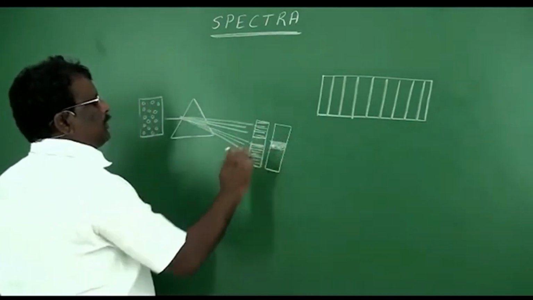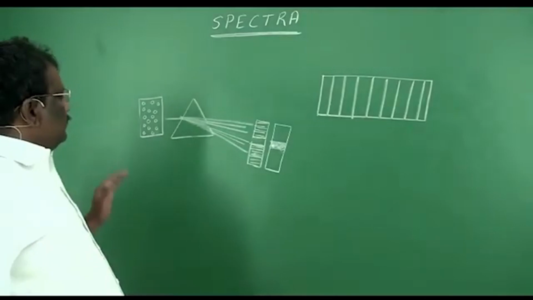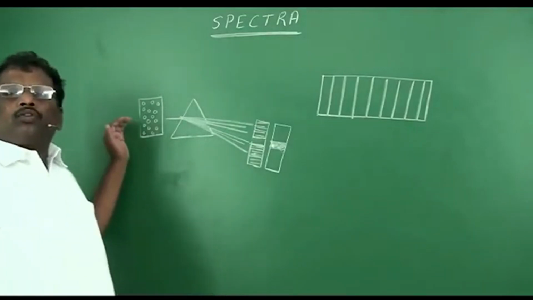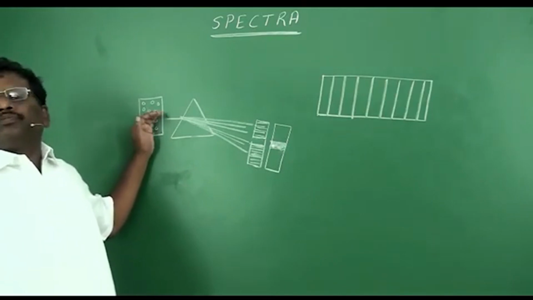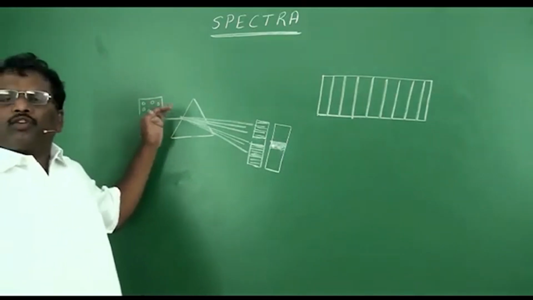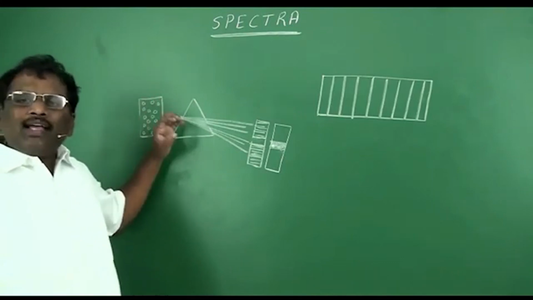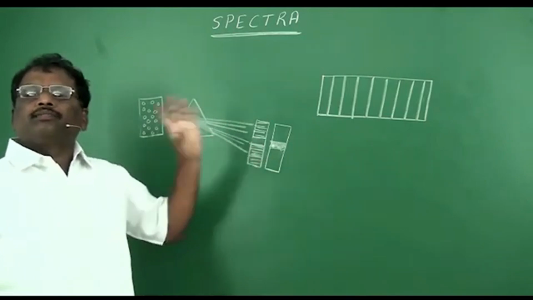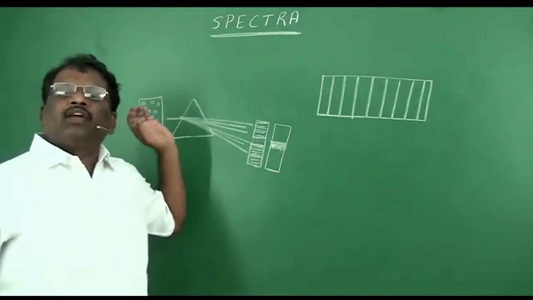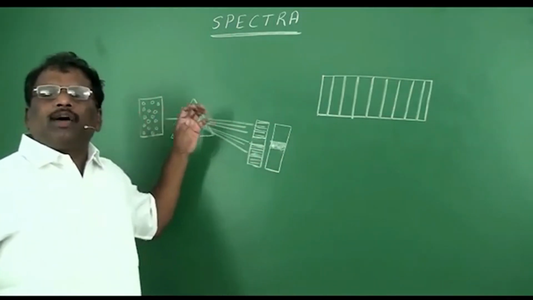So here, when white light is allowed to pass through a sample of atoms under study, based on the position of the electron in those atoms, these atoms will absorb a specific wavelength of light radiation.